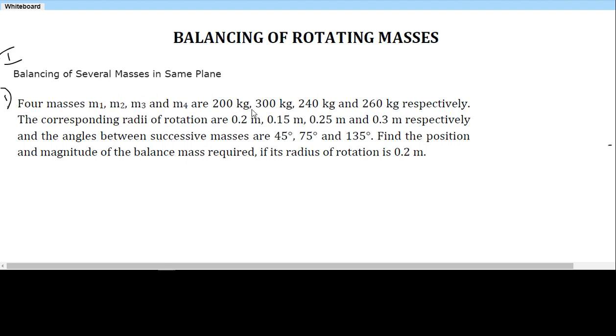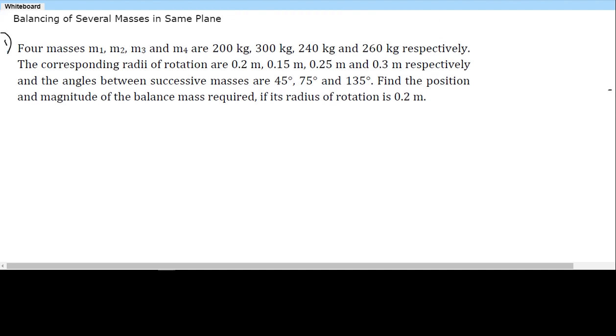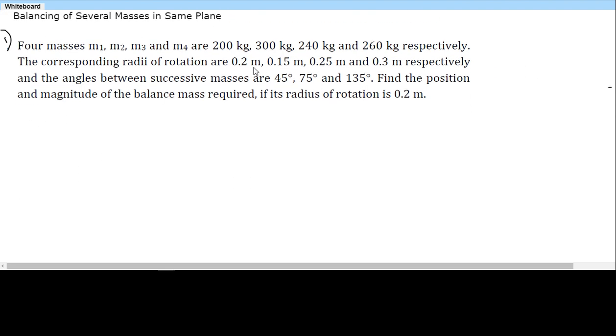Their magnitudes are given as 200, 300, 240, 260 respectively, and the corresponding radii of rotation R1, R2, R3, R4 are 0.2, 0.15, 0.25, 0.3, all in meters. And the angle between successive masses: the angle between M1 and M2 is given as 45, between M2 and M3 is 75, and between M3 and M4 is 135.